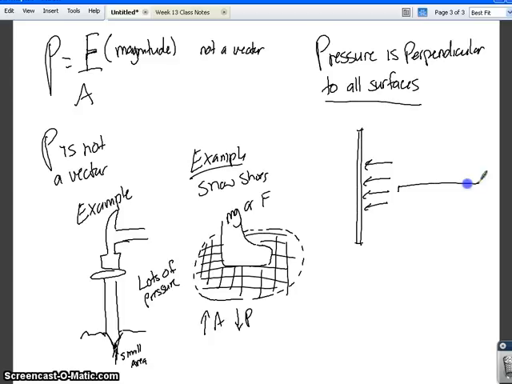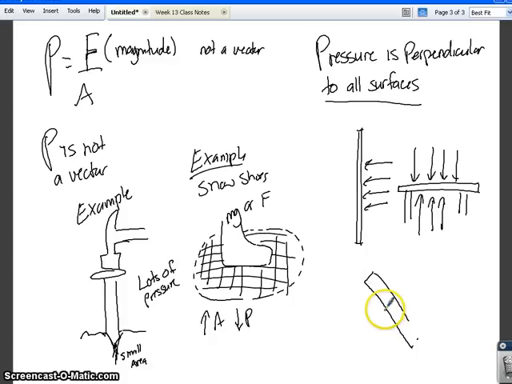There are tables in the room right now, and this pressure is pushing down on the table, and the same pressure is pushing up on the table. My computer monitor is slanted at an angle right now, and there's pressure applied perpendicular to all surfaces. So pressure is perpendicular to all surfaces. It doesn't matter if they're sideways, down, up, angled, left, right, doesn't matter. Pressure is perpendicular to all surfaces, and that's the direction it applies.